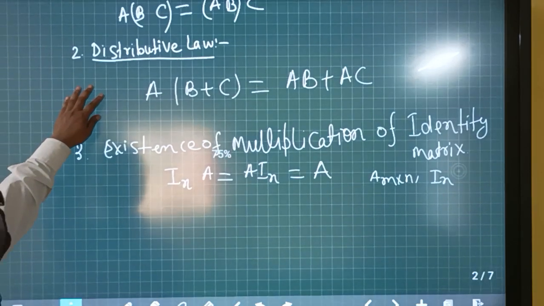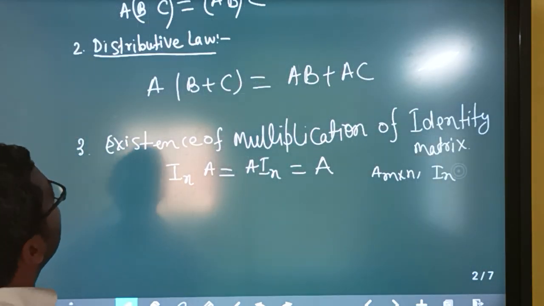Similarly, the second is the distributive law.